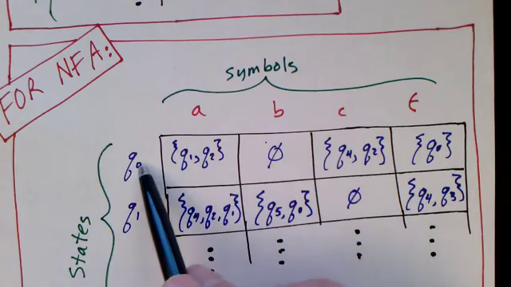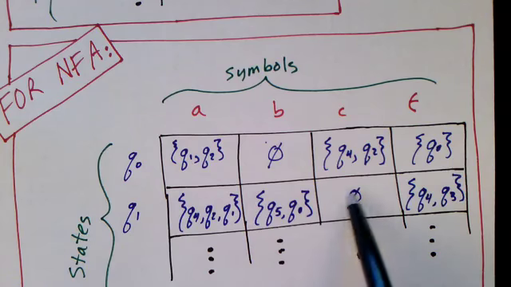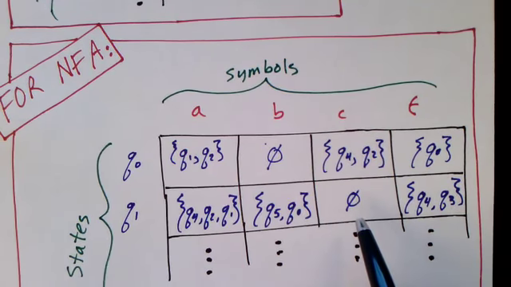If we're in state Q1 and we see a C, the empty set here indicates that we're stuck. We don't have any place to go. So this branch of the non-determinism gets stuck and ends, and we hope some other branch of the non-determinism will accept the string.